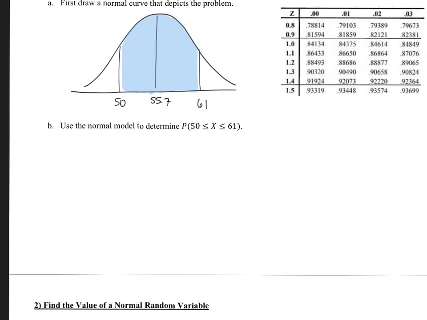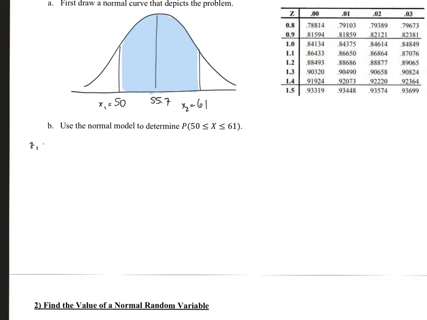And then from there, we can figure out how to manipulate it to find the area that we're looking for. Because we have two different values, we'll call this x sub 1 is 50, and x sub 2 is 61. And notice, because I write it here, I don't need to include it anywhere else.